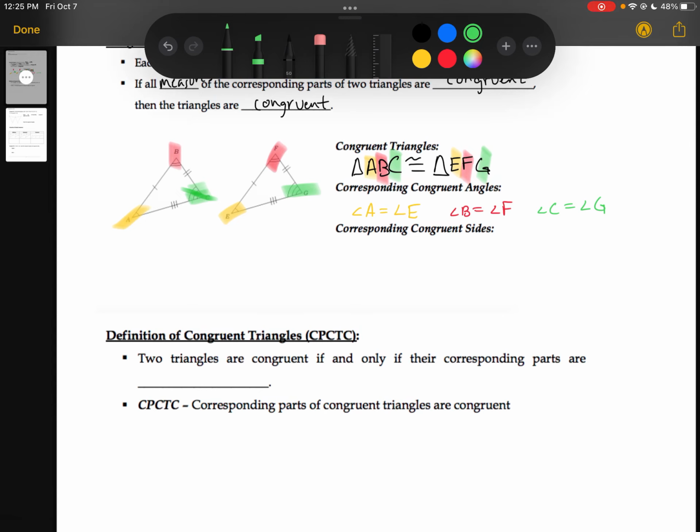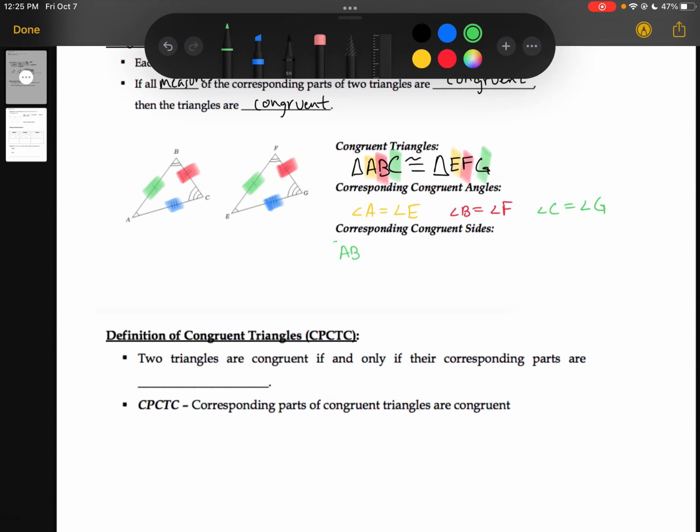Same thing goes for the sides here. We can look at our congruent sides as just matching up between the sides, or we could also see them as a similar type of color coding. The easiest way to do this is find the single dash, match it with the single dash, find the double dash, match it with the double dash, find our triple dash, match it with our triple dash. And based off of that, we can make some congruent statements.